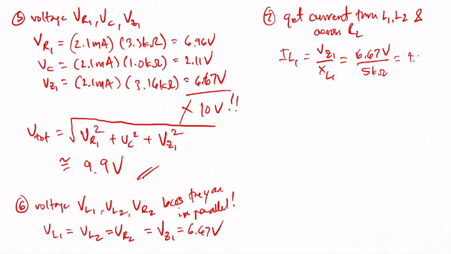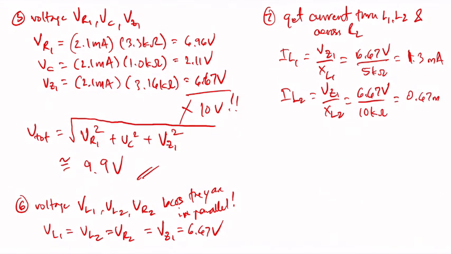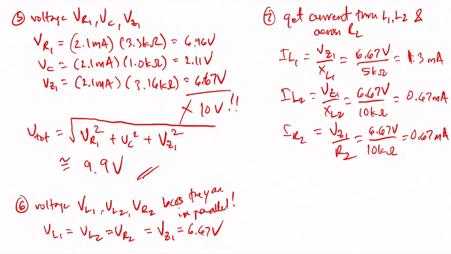So this is 1.3 milliamperes. Then IL2 is equal to VZ1 divided by XL2. So 6.67 volts divided by XL2, which is 10 kilo ohms. So this is 0.67 milliamperes. Finally, the current across the resistor is VZ1 divided by R2, which is 6.67 volts divided by R2, which is also 10 kilo ohms. So that's 0.67 milliamperes.